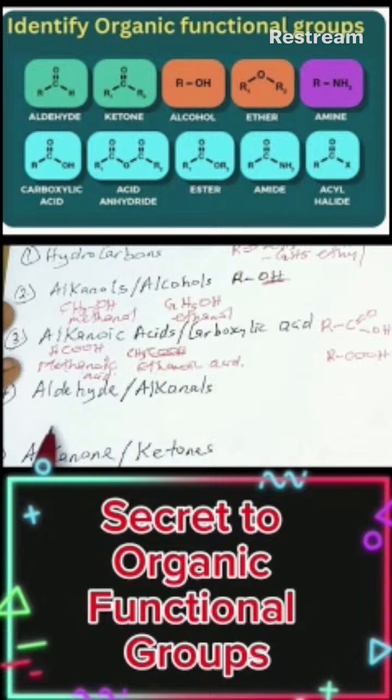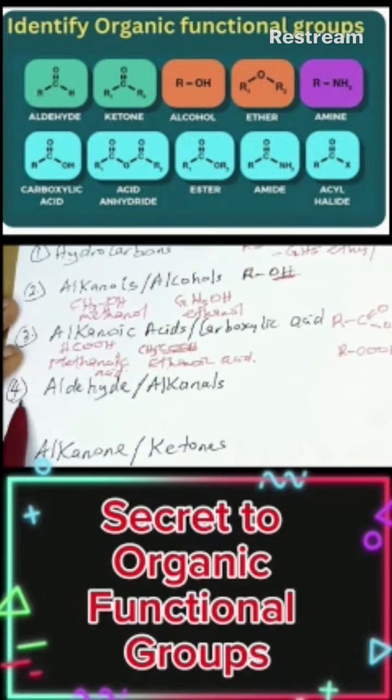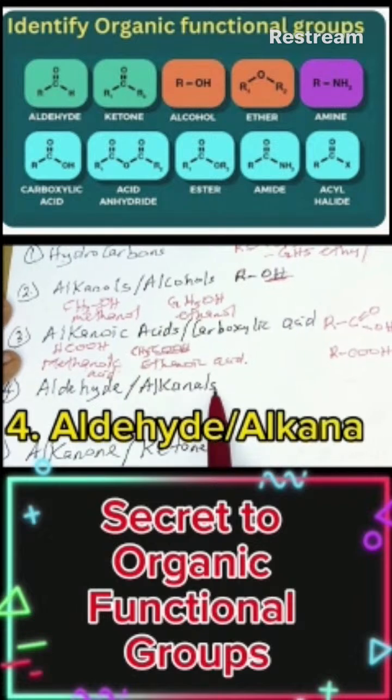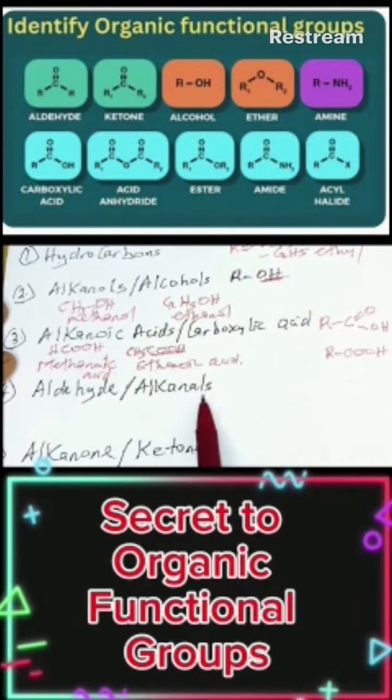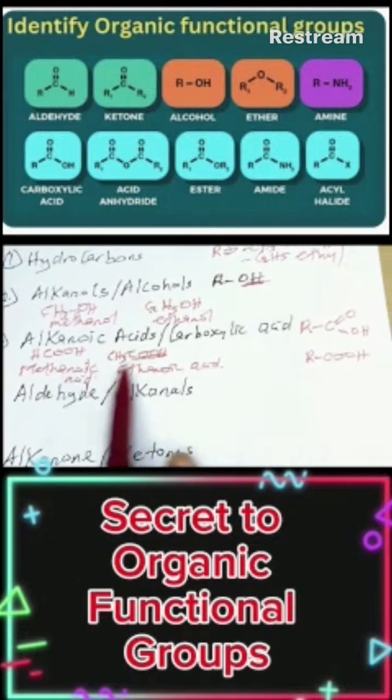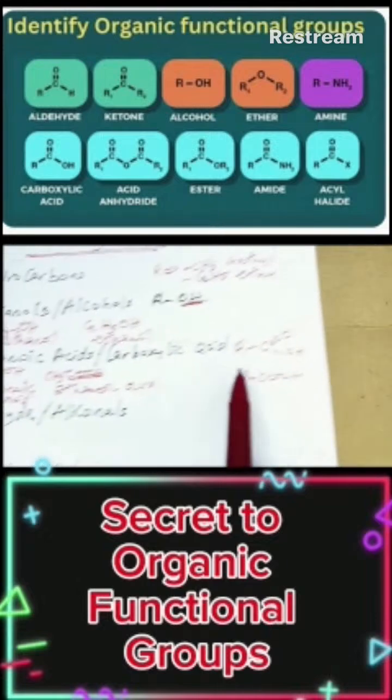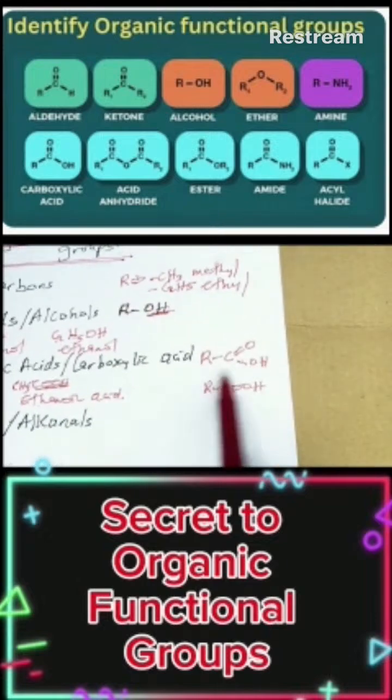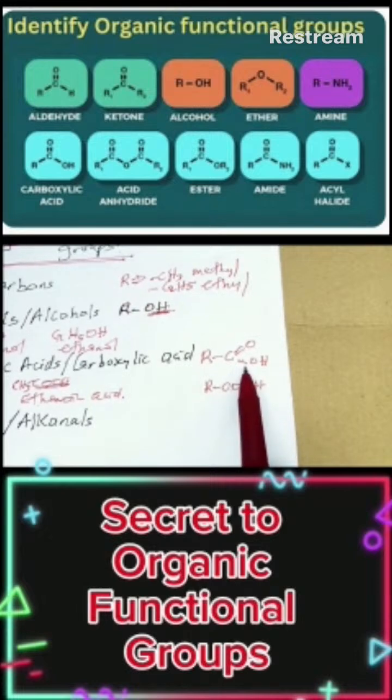Now, let's go to the next one, which is number 4, aldehyde. Aldehydes are also called alkanals. How can you identify this? The carboxylic acid, called alkanoic acid, gave birth, look at it here, to a lot of functional groups under organic chemistry or organic compounds. How does it form? This OH group can be replaced by hydrogen.